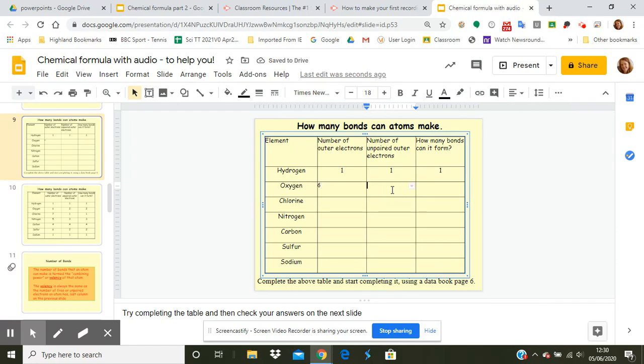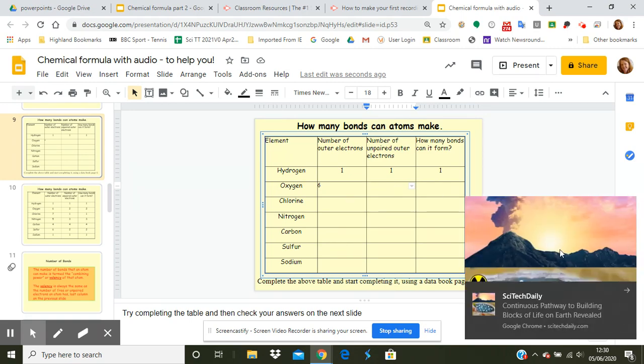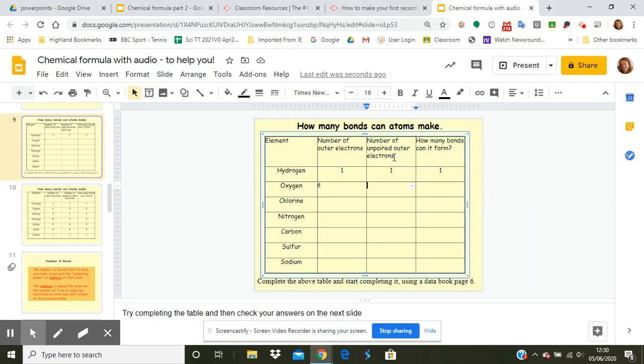But the problem is that it's not 6 unpaired electrons, because remember it's 4 groups of 2 electrons. So that means there must be 2 unpaired electrons, because it's a bit like a minibus. It's got 8 seats, but they're 4 double seats.